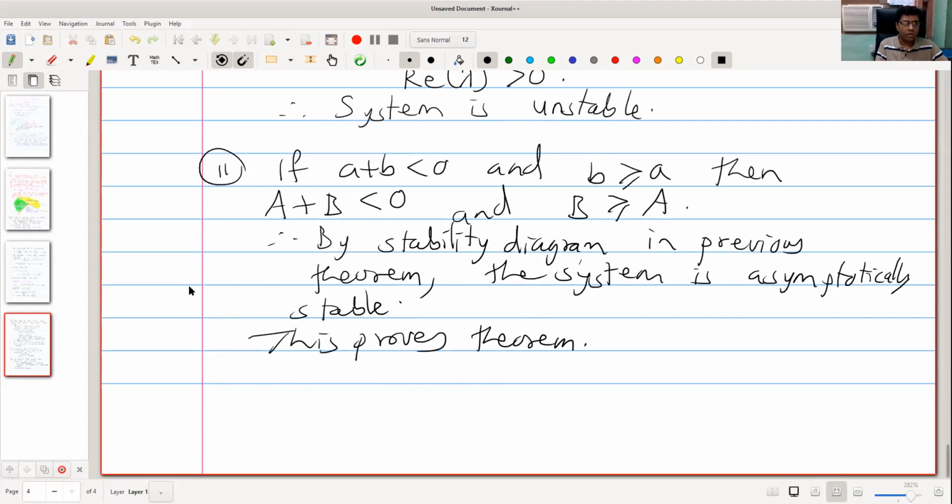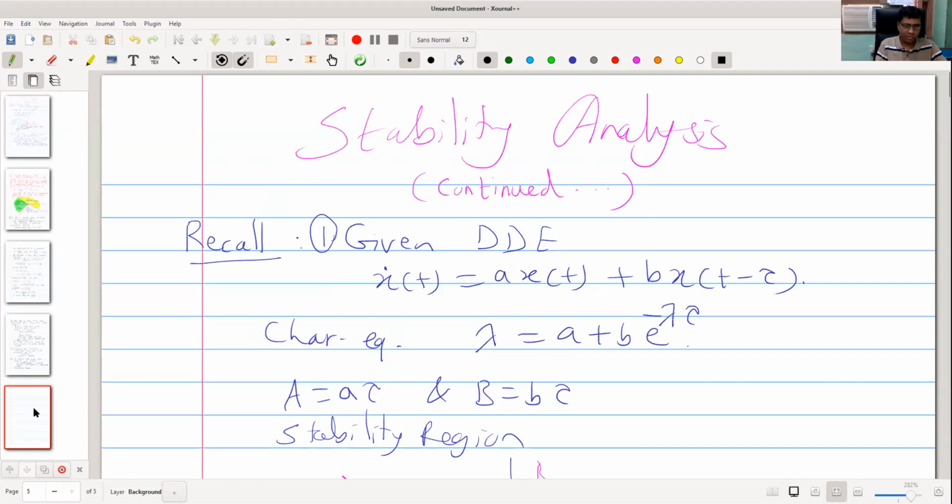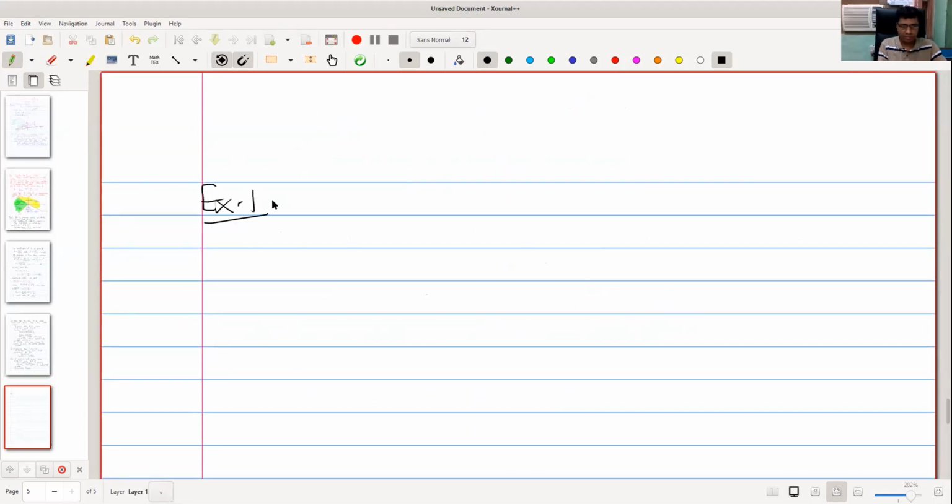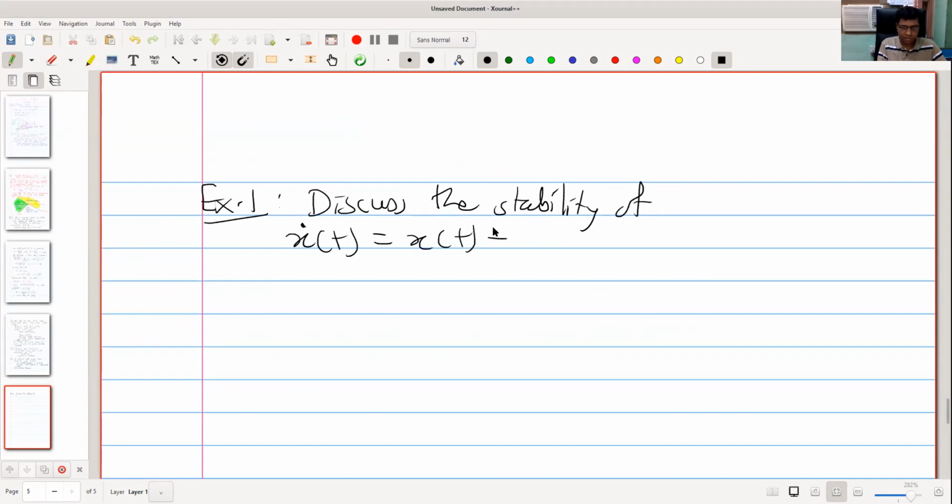Okay. Now we solve some examples. We discuss linear as well as non-linear examples. So example one. Discuss the stability of x dot of t equals x of t plus 2 times x of t minus tau.